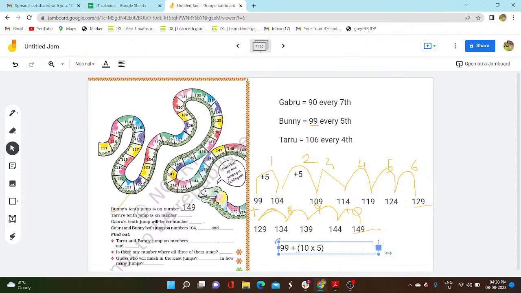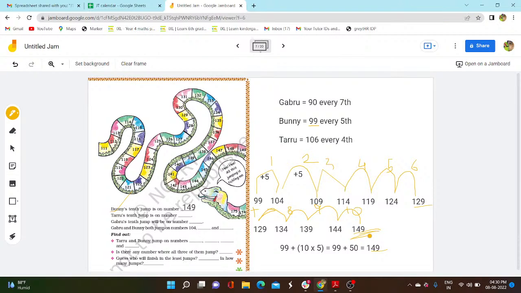So this would be 99, add 10 times 5, which is 50, which is equal to 149. So we get the same answer. Can you see? Using the formula and using this lengthy process, we are getting the same answer.